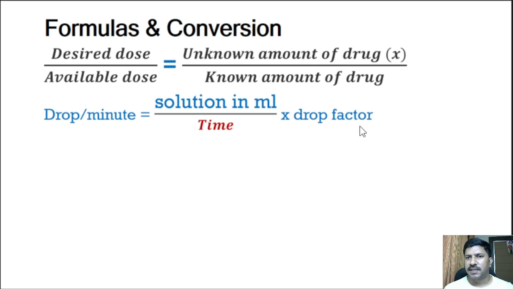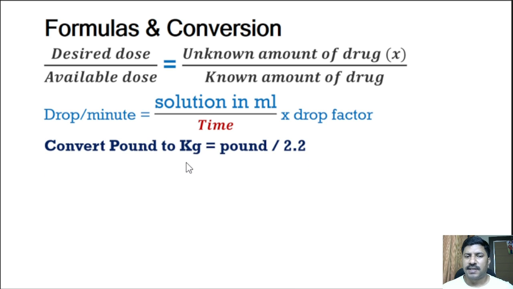For a micro drip set, it is 60. A drop factor of 60 means 60 drops equal 1 ml. So in micro drip, 60 drops equal 1 ml. In a normal IV set, the drop factor is 15 or 20, that is, 15 drops per 1 milliliter.